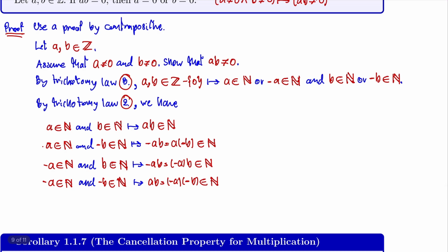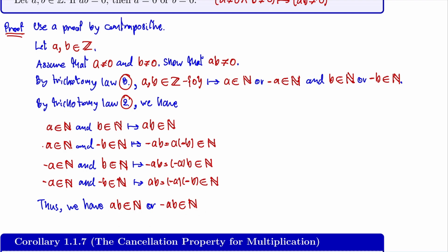Hence, we're going to have ab being a positive integer, or minus ab being a positive integer, from these cases: a being positive, minus a being positive, b being positive, and minus b being positive. So what does it imply here?